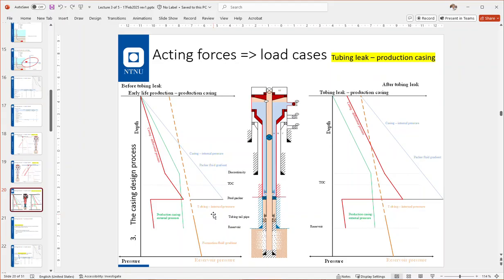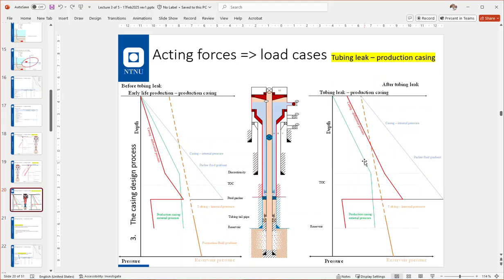Because it's cemented, it should be vertical, meaning it's like the formation pressure there, which we don't know for this case. And it is the drilling fluid or whatever fluid that is on top of the cement in green. Once the leak occurs, we will have the extreme pressure on top of the packer fluid going, just as we said for the tubing.